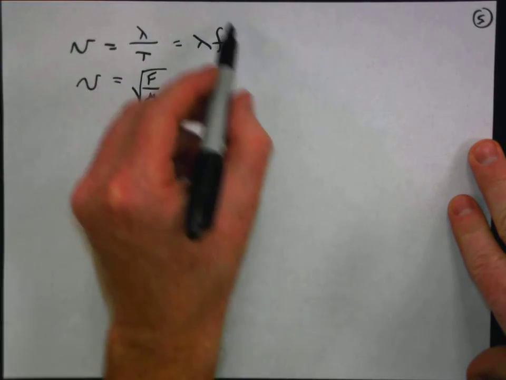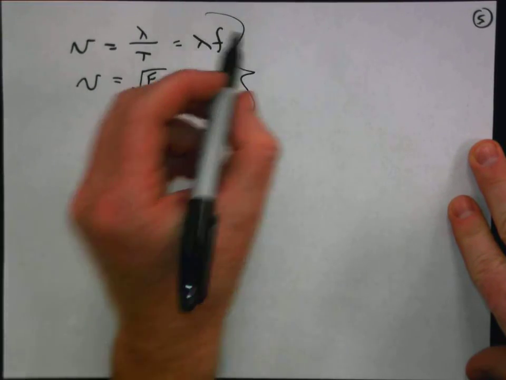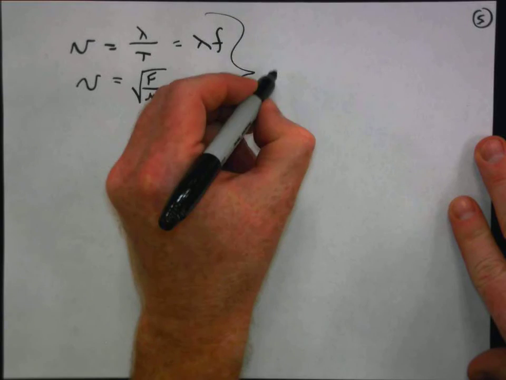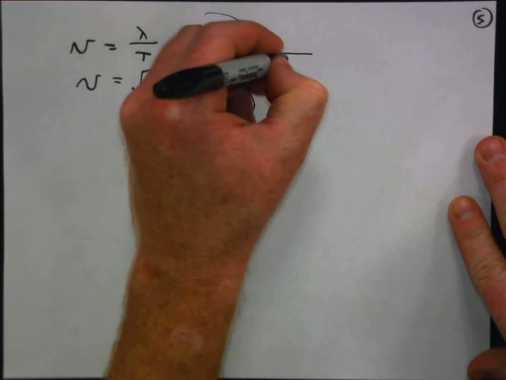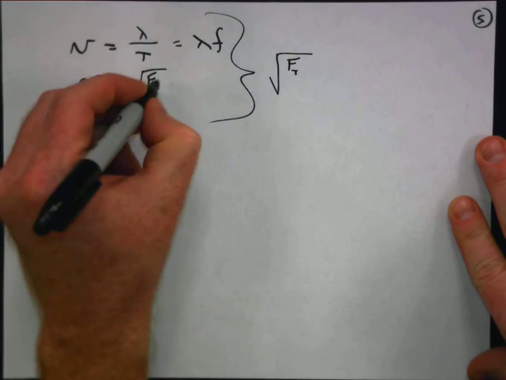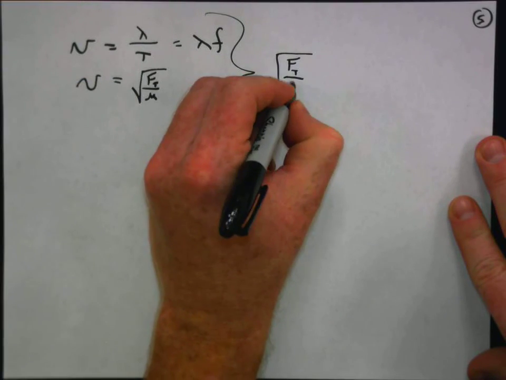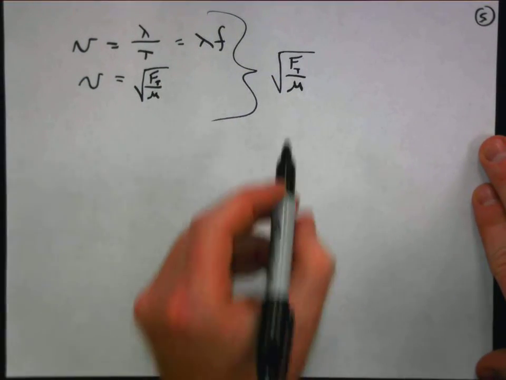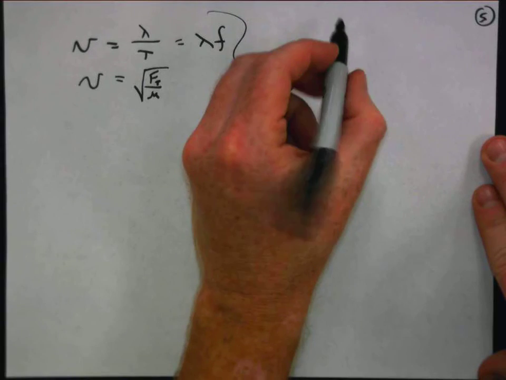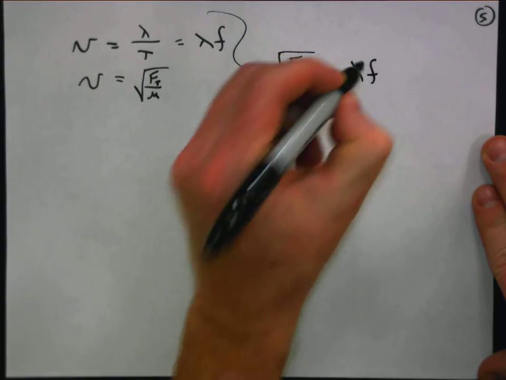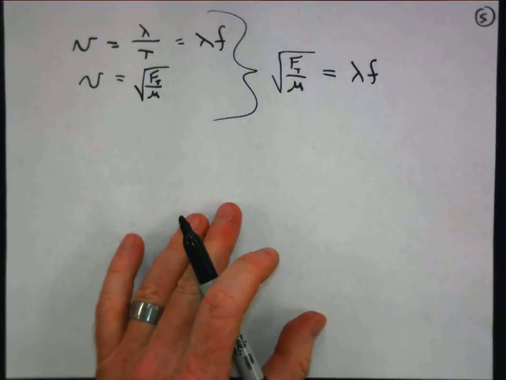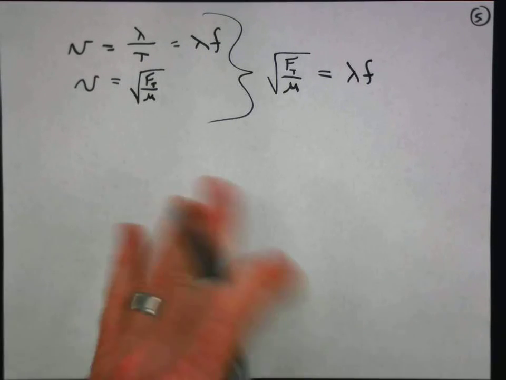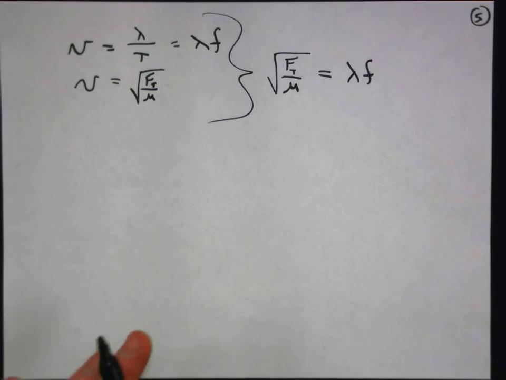We can connect them. And you can say, well, almost anything you want. You can say, well, if we're dealing with a string, force of tension, I should put a T there, sorry. Force of tension divided by mass per unit length. And we can equate that to wavelength times frequency if you want. If you know the speed and some other information, you can mix all these together. You can find out just about anything you want, assuming you have enough information, right?